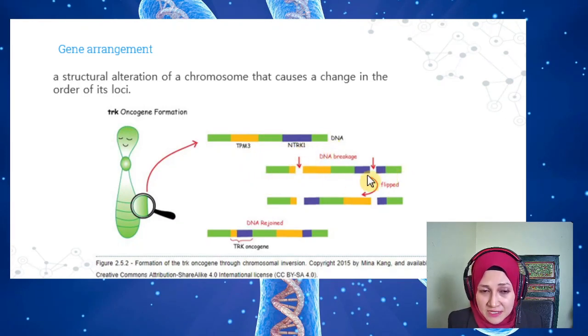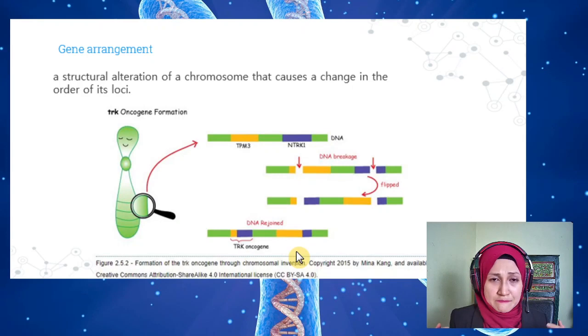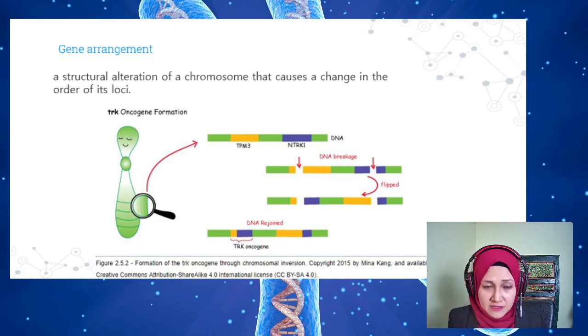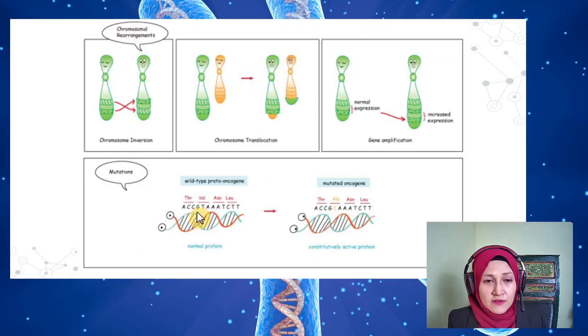And suddenly there is a DNA breakage here for this segment, and this segment is flipped, and then it rejoins with the rest of the chromosome again. So the order of the loci is already different from the original loci in other humans. So these are more details of examples of chromosome or gene rearrangement, for example, chromosome inversion, chromosome translocation, or gene amplification.